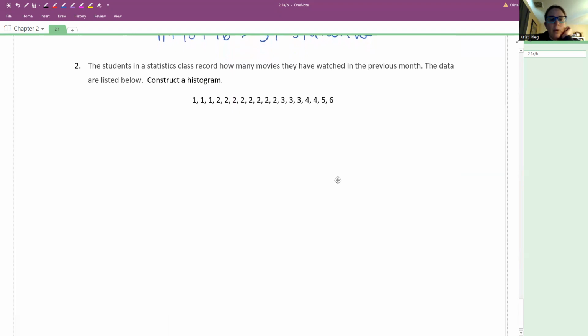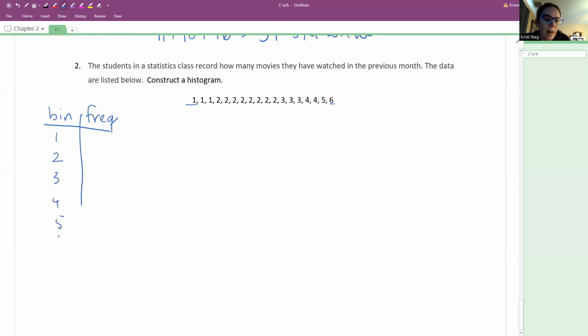Now this is in number order, but I still like to draw a frequency table before I do this. So I have my bin, just because it's easier if I already have the tallies done to draw the histogram and not forget something. And so I'm just going to do a bin width of 1 because it only goes from 0 to 6. There's not much happening here. 1, 2, 3, 4, 5, 6.